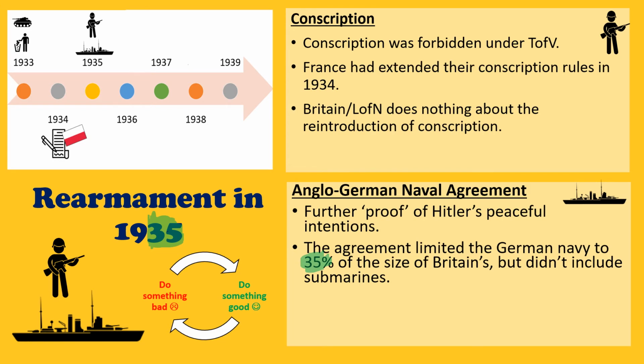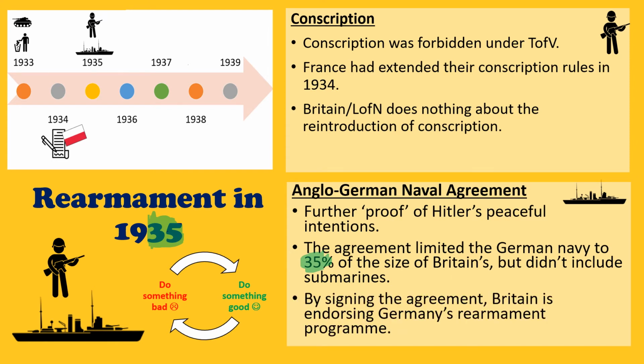What's important to note here is that the Anglo-German Naval Agreement didn't include anything about the building of submarines. So Hitler took that to mean he had carte blanche, no restrictions whatsoever, when it came to how many submarines he was allowed to build, despite the fact that the treaty said he wasn't allowed to build any.